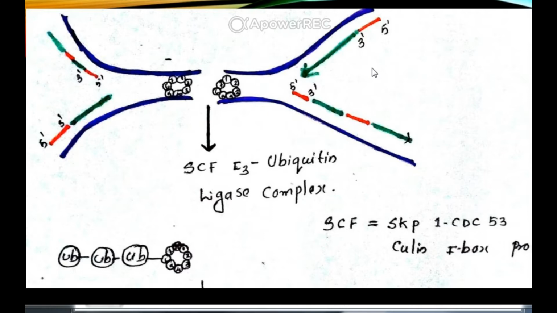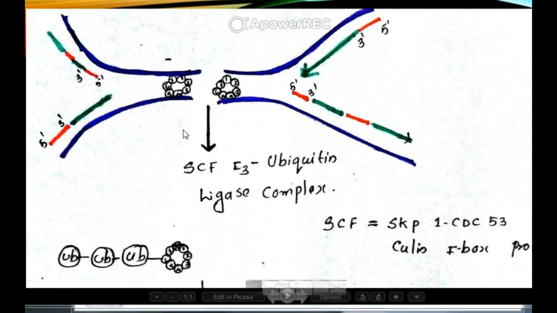And the lower side you can see is the lagging strand. In the lower left corner, a free 3' hydroxyl group is also present, and it is polymerized by the polymerase enzyme.